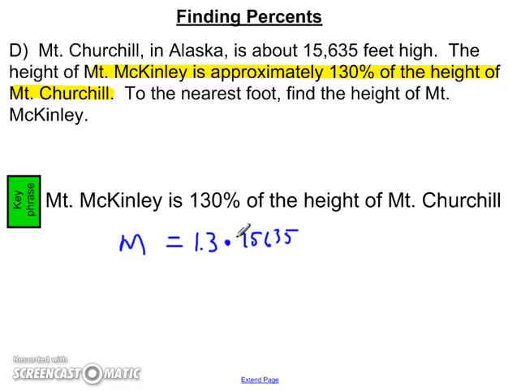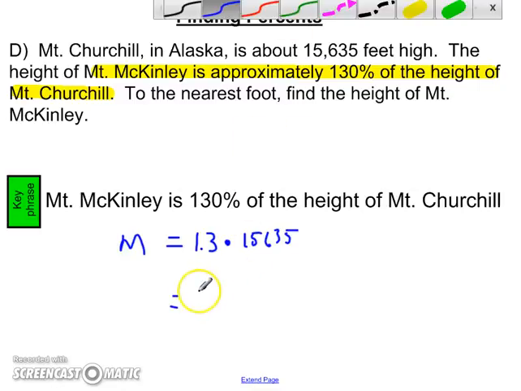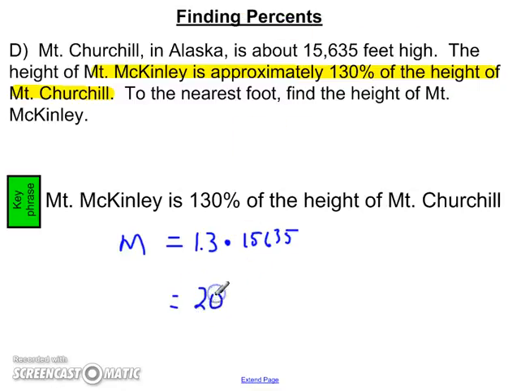So 15,635 times 1.3, our 130%, is 20,000. Oops, sorry, got to write a little neater than that. So 20,000, 320, and in this case it says to the nearest foot, which, based on what my calculator says, I got a 0.5, which is going to round the 5 up to a 6.